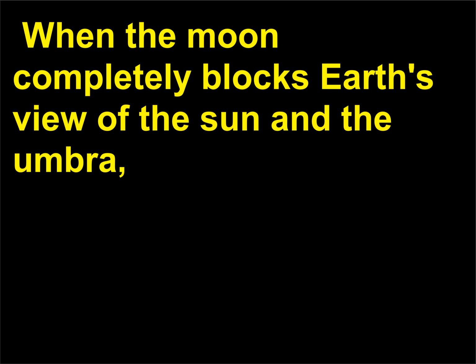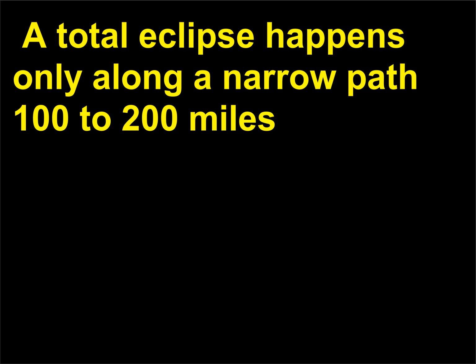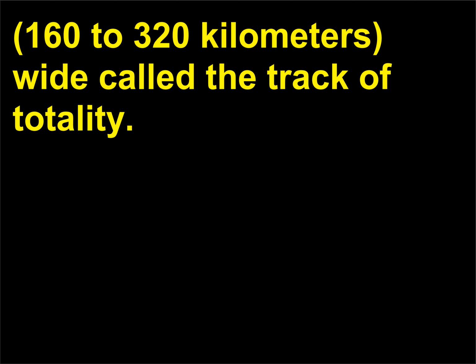When the moon completely blocks Earth's view of the Sun and the umbra, or dark part of the moon's shadow, reaches Earth, a total eclipse occurs. A total eclipse happens only along a narrow path 100 to 200 miles, 160 to 320 kilometers, wide, called the track of totality.